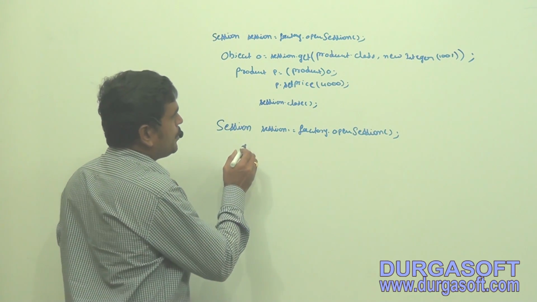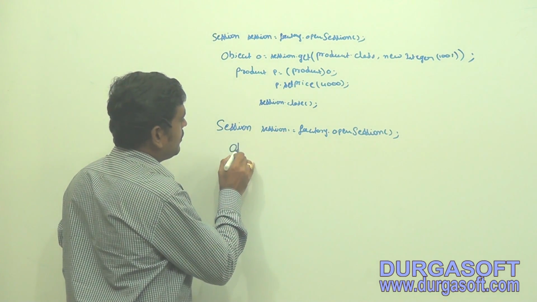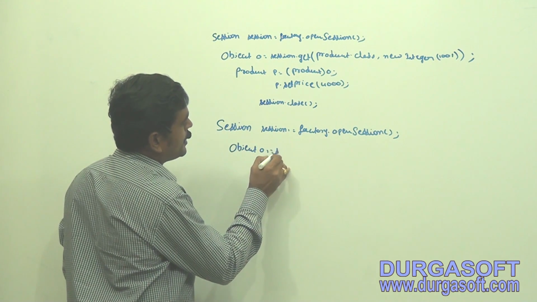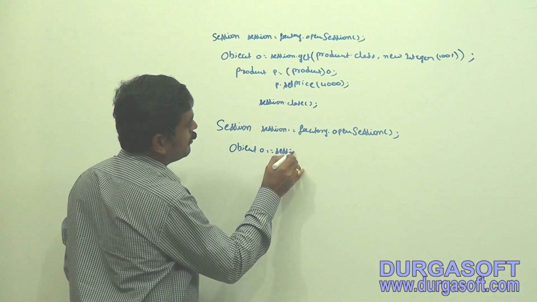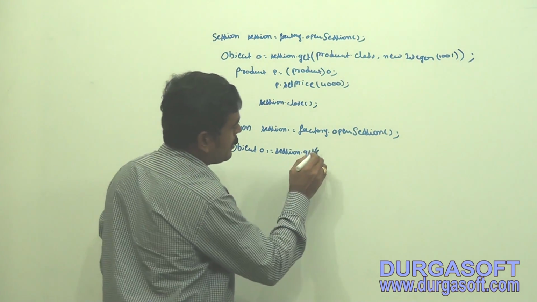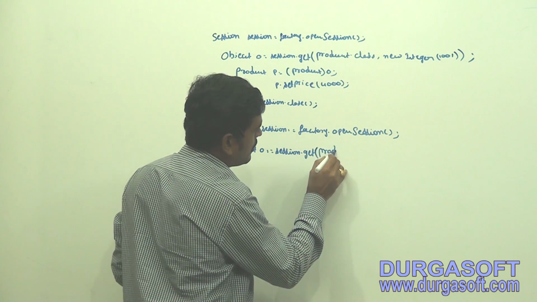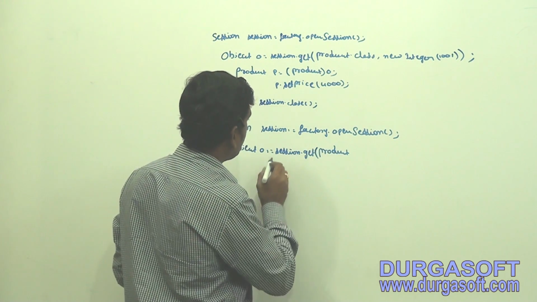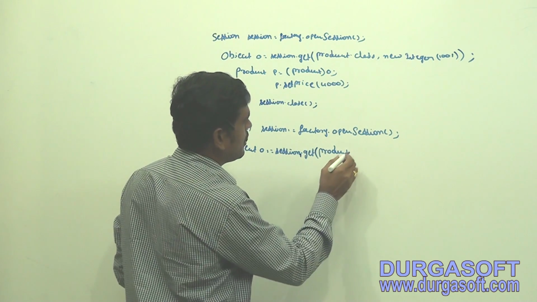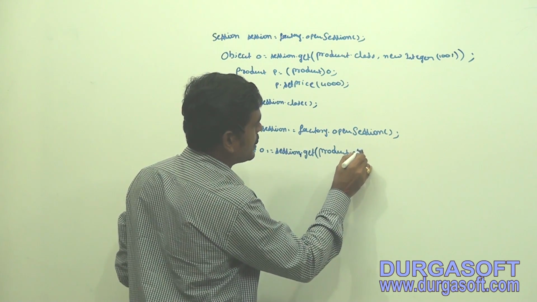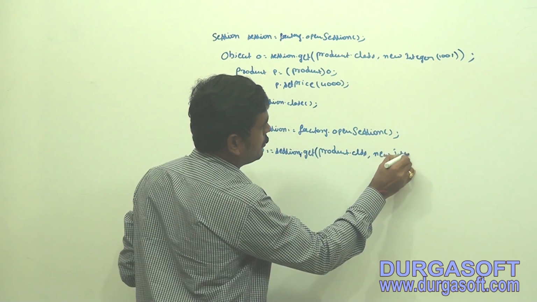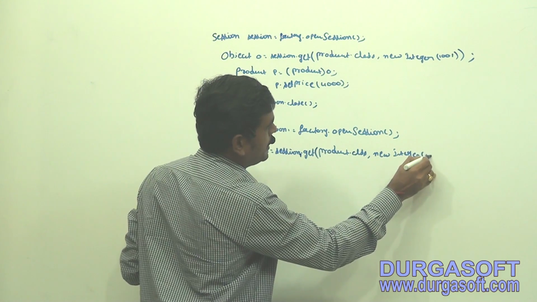After that I am going to load that object once again. o1 is equal to session1 dot get method, then Product dot class comma new Integer of 1001.